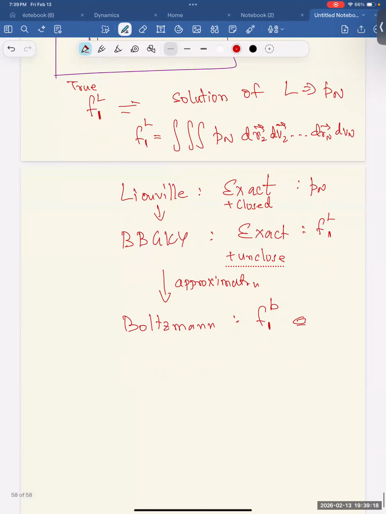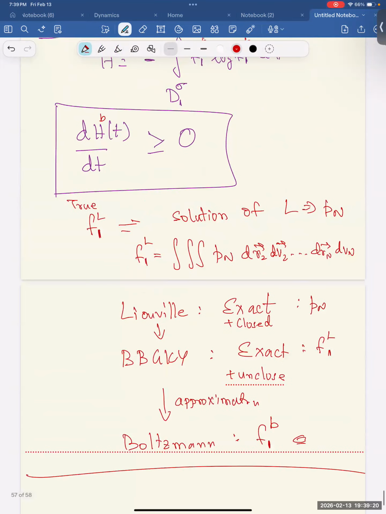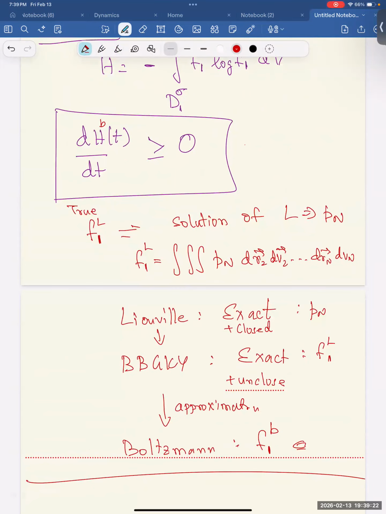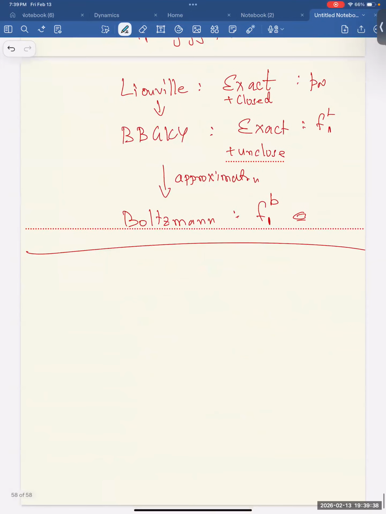Let's go fact by fact. Let's call this fact 1, because you can prove it. You can prove this rigorously, and it's an easy proof. So let's call this fact 1. Okay, so now fact 2.